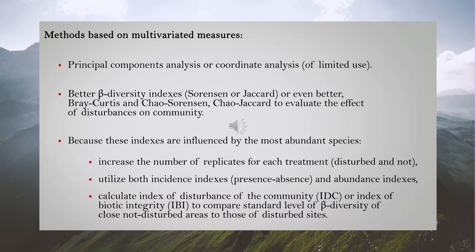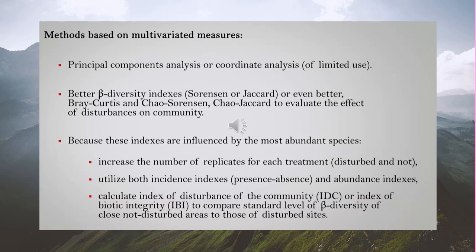Because these indexes are influenced by the most abundant species, it's very important to increase the number of replicates for each treatment, for instance the disturbed and not disturbed sites, and utilize both the presence data and the abundance indexes.